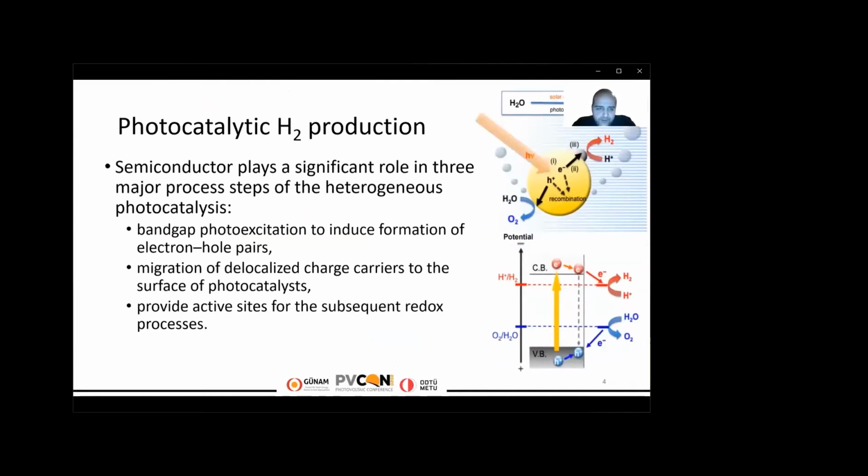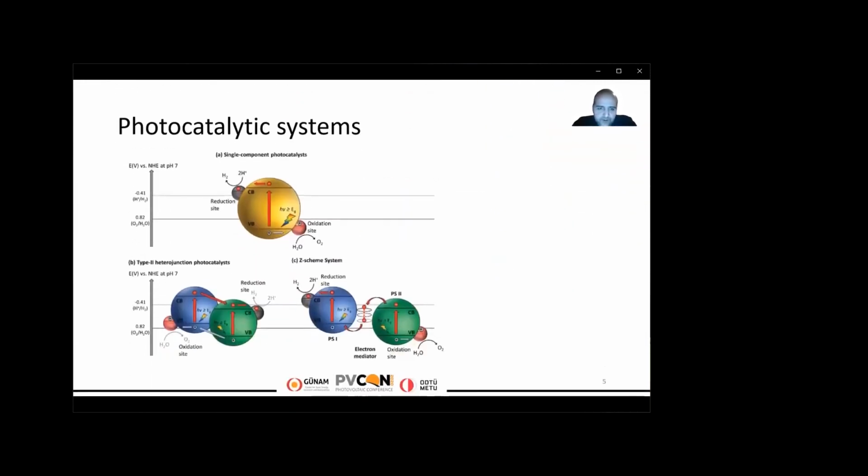By water splitting, we use a semiconductor which plays significant roles in major processes. The first one is bandgap photoexcitation to induce formation of electron-hole pairs, migration of delocalized charge carriers to the surface of the photocatalysts, and provision of active sites for the subsequent redox processes.